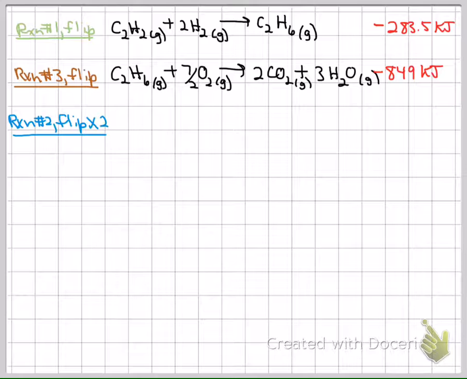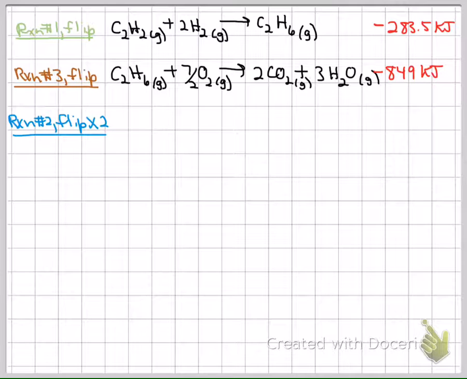Next, I go to reaction 2, and I am going to flip it around. Again, part of the job of a reaction is to get things lined up in the proper position so that I can get things to cancel out. And it's looking to me like I've got most of my components that I need in my target, but I know some things have got to cancel out.